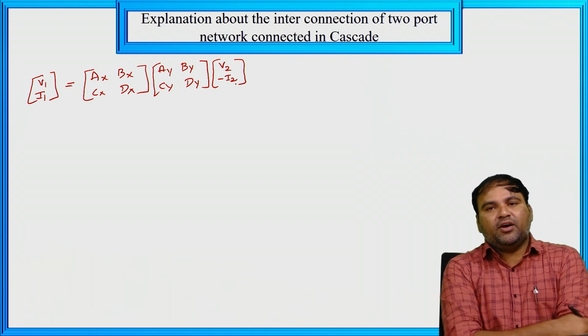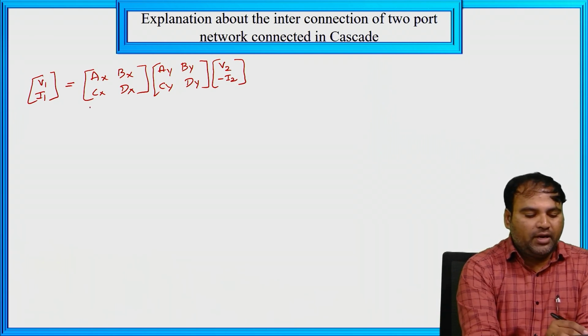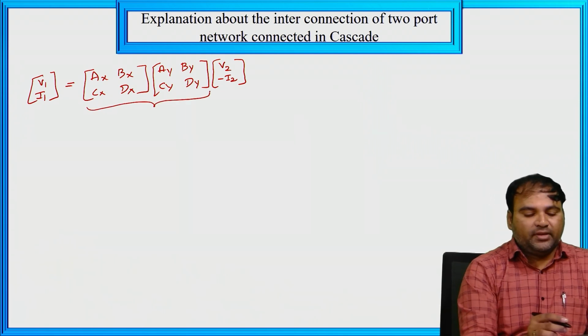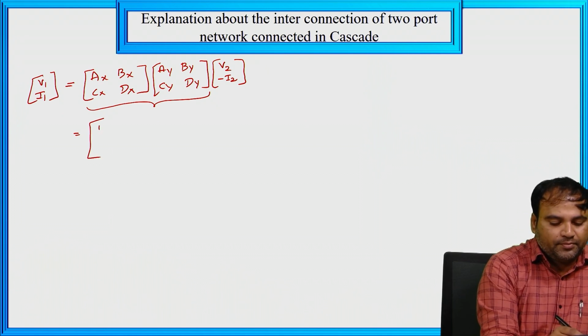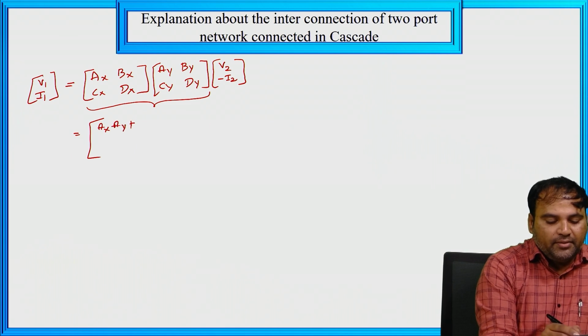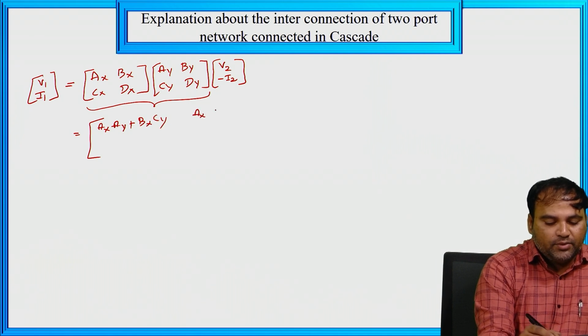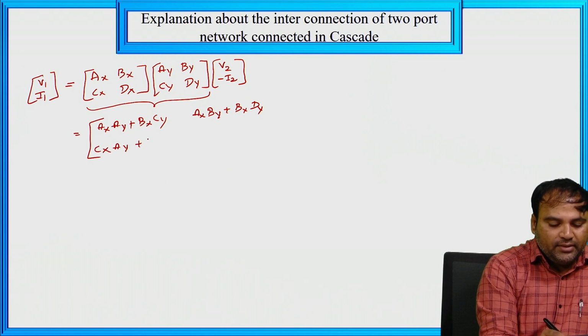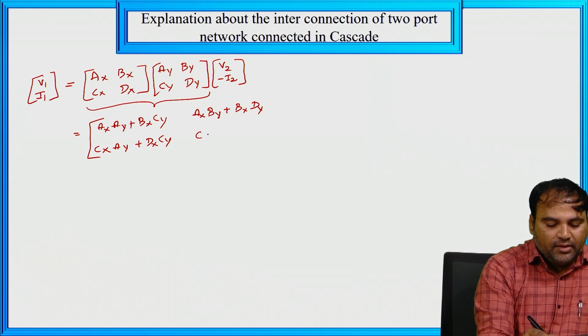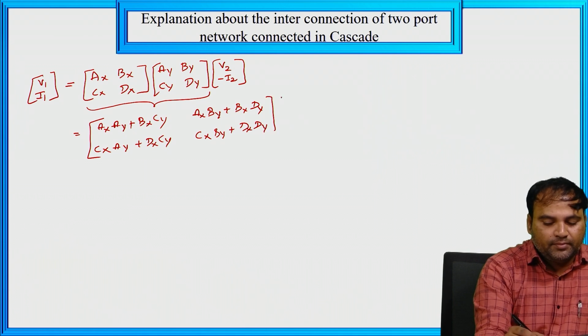Now by using this we have to calculate the ABCD parameters, which means we have to multiply these two 2 by 2 matrices. So multiplying: AX into AY plus BX into CY; next AX into BY plus BX into DY; similarly CX into AY plus DX into CY, and CX into BY plus DX into DY, into V2, minus I2.